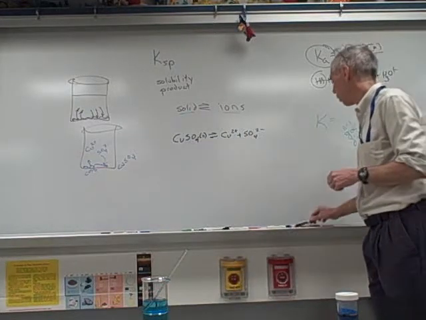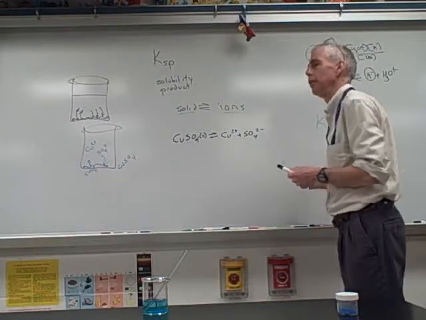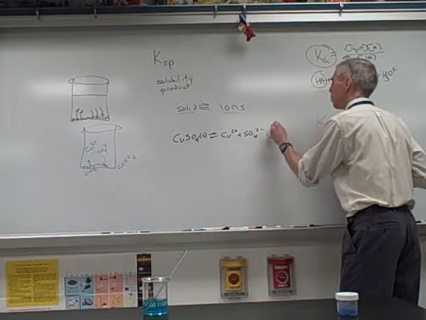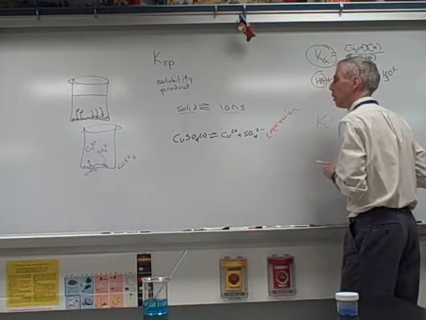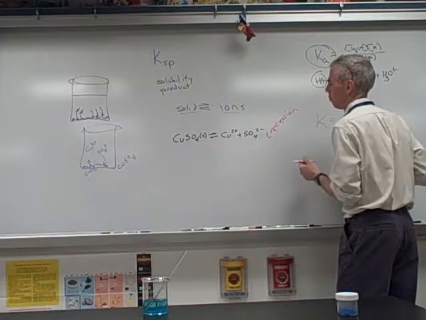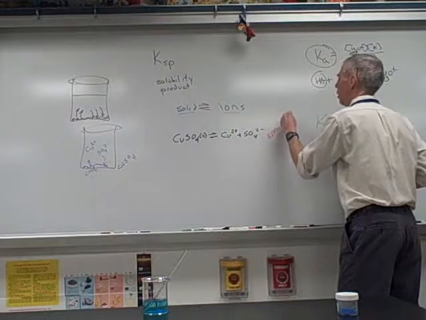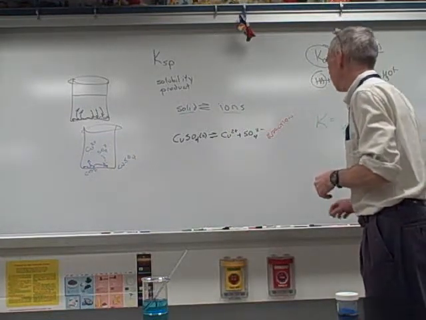Now, can we write the Ksp equation for that? So this is the expression, right? Well, this is the reaction. Oh no, you gotta erase. All right, don't use pen in my class.